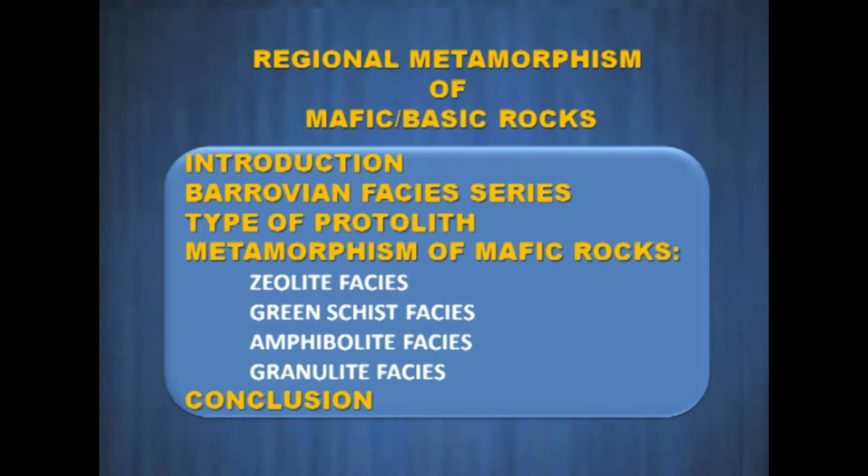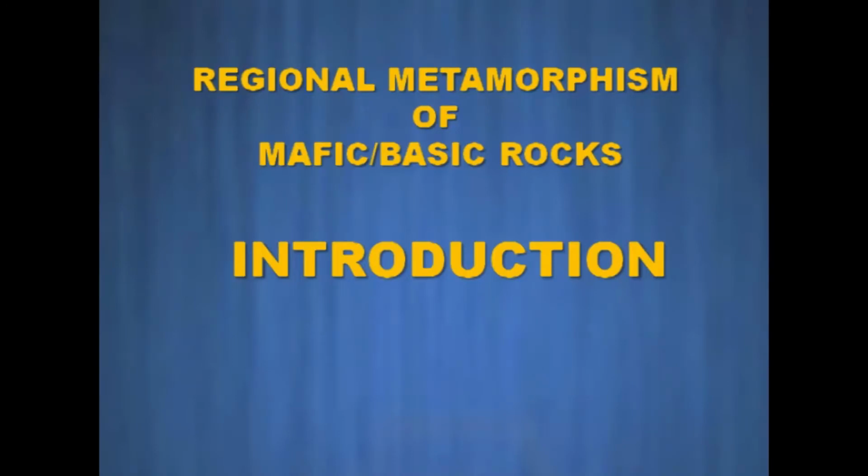Contents: first, introduction; second, Barrovian facies; third, type of protoliths; fourth, metamorphism of mafic rocks; and fifth, conclusion. Regional metamorphism is a metamorphism that occurs over a broad area.